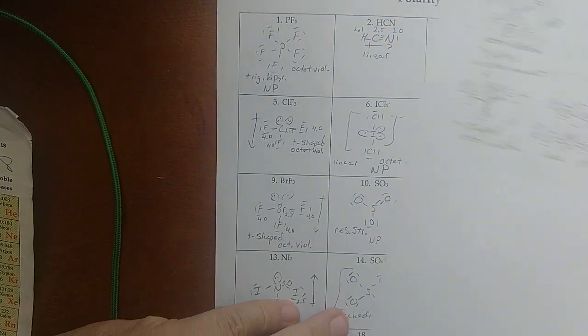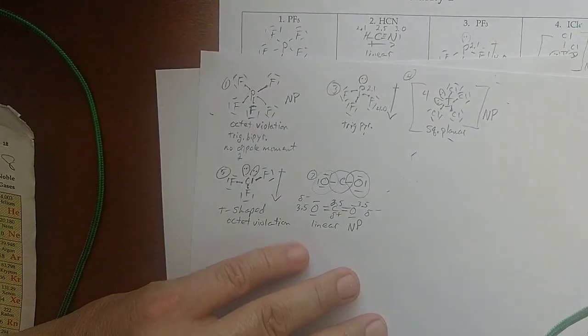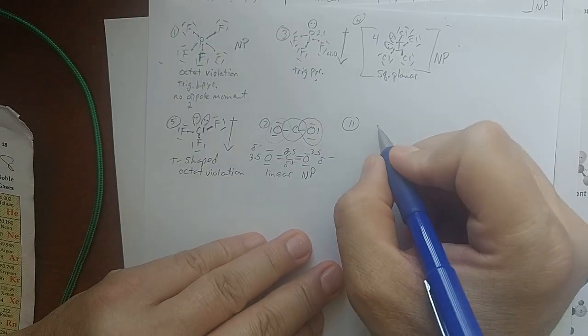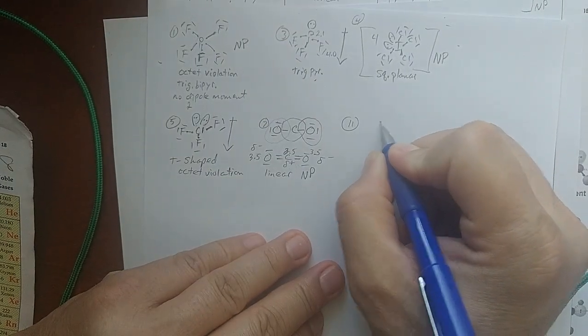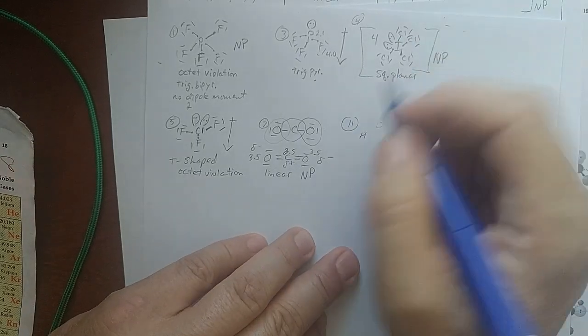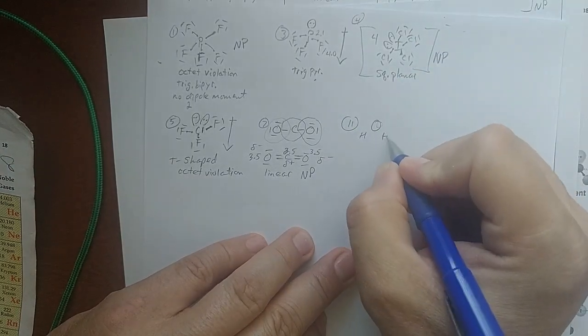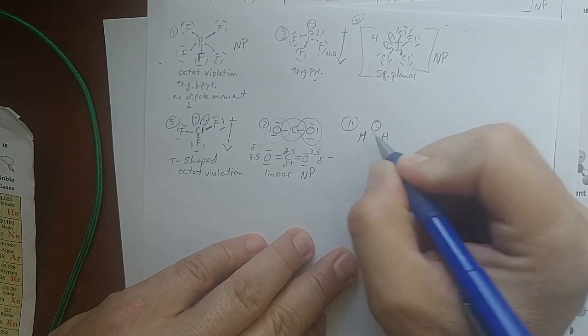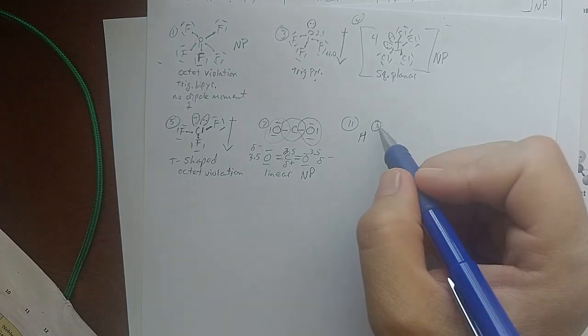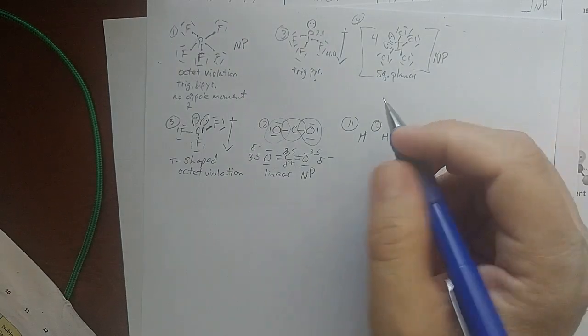How about we do our classic water? That is number 11. Okay, so how many electrons do we get? We get valence 6, valence 1, valence 1.